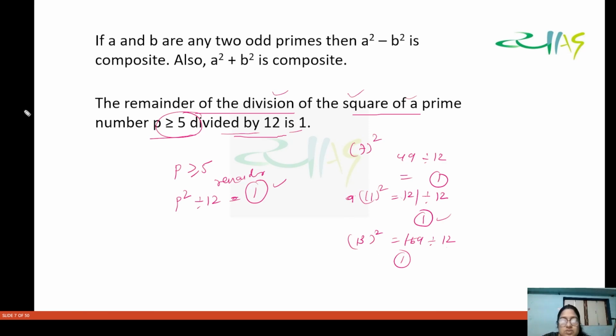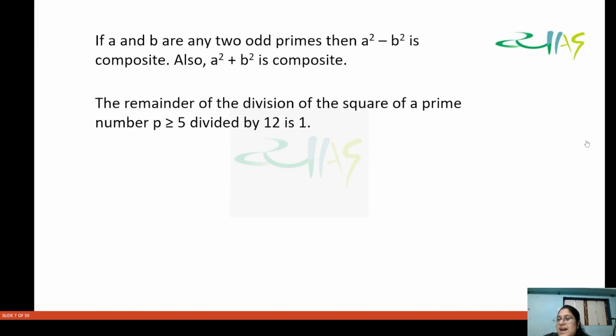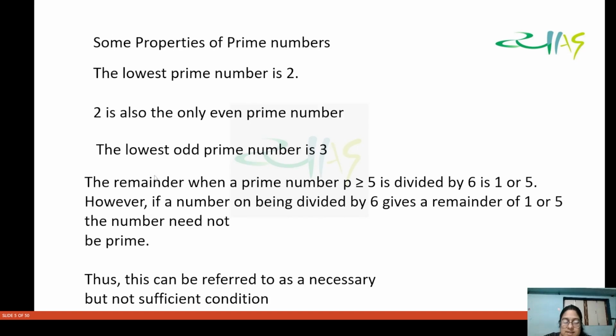So this is what this thing means. Obviously again I am saying that this is not a sufficient condition. This is one of the necessary conditions. Okay. So why do you say that you told us one condition, and this condition is a necessary condition? If the question comes whether this number is prime or not, I will check with this condition, and if this doesn't satisfy, I will say that it is not prime.